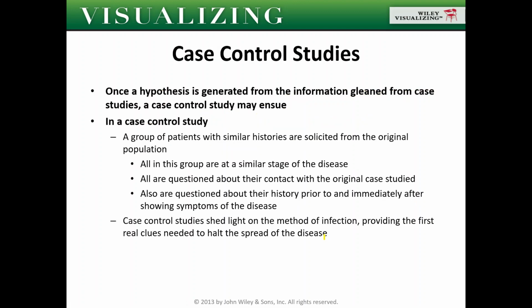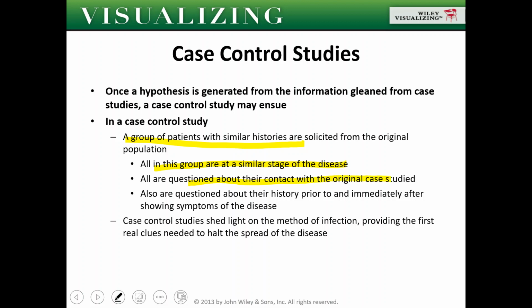Now, another type is the case control study. In a case control study, patients with similar histories are observed, and they are collected from the original population. So the patients are all from the same population. The disease is in the same stage.